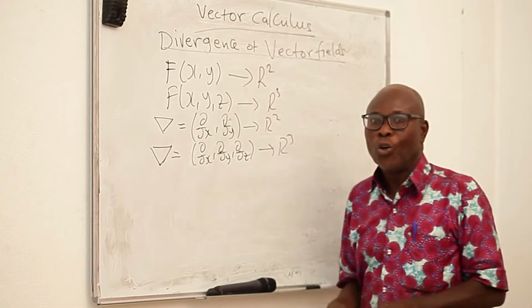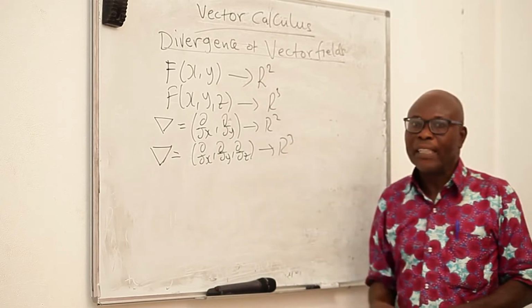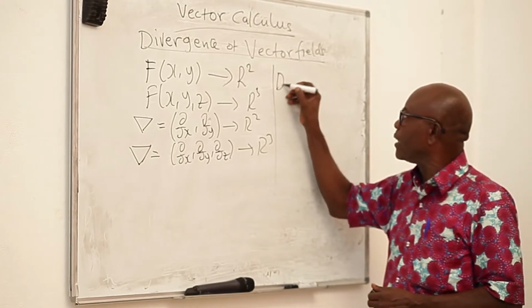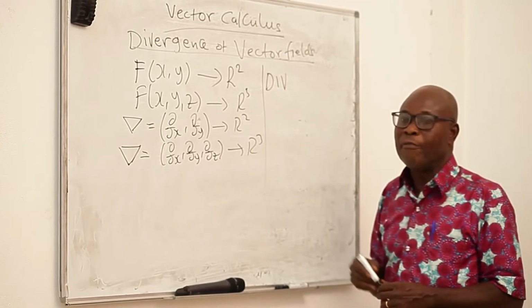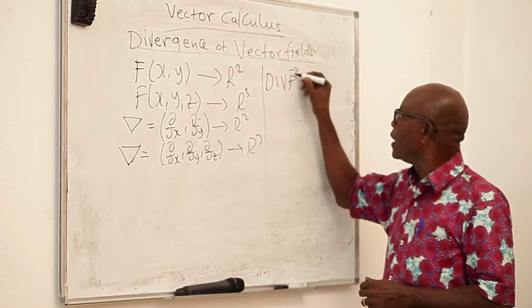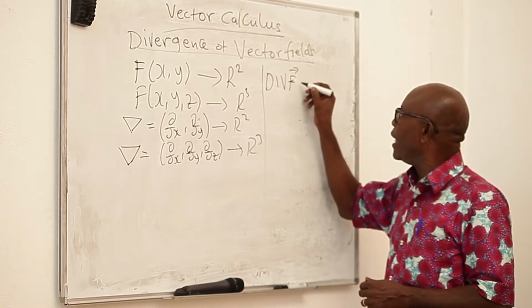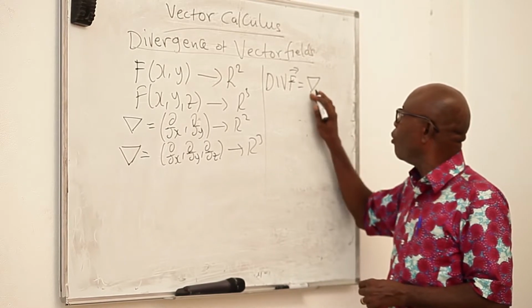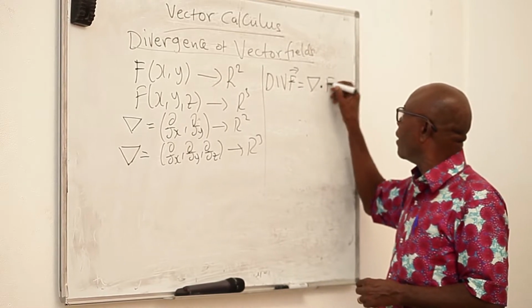And so, when we talk of the divergence of a vector field, the divergence of a vector field is always defined as the dot product of the del and the vector field.